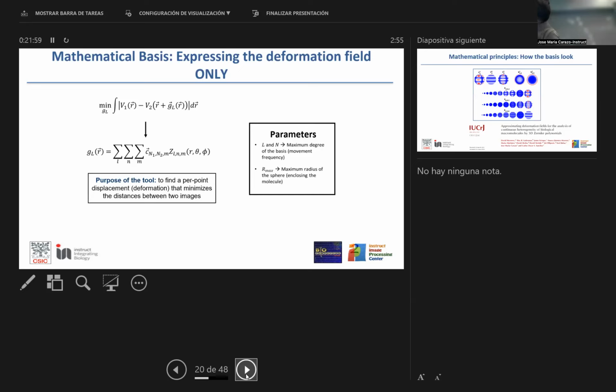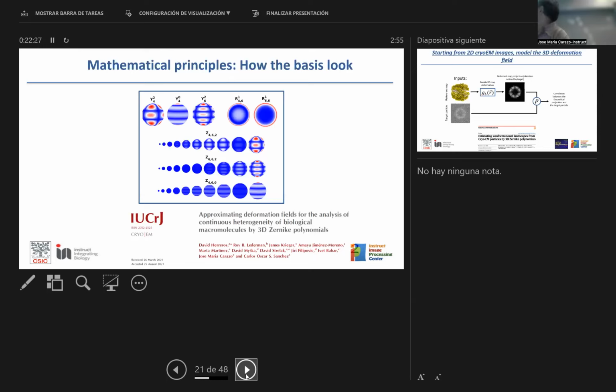And that flexibility field, in our case, what we are going to do is to express it as a linear combination of a certain base, the Zernike 3D, that previously we had shown had a number of properties that were interesting from the point of view of getting rid of local minima and things like that. So the deformation field is GL and is going to be coded as coefficients of a certain base. I'm not going to get into many details. This is the shape of the base. This is a very mathematical thing.